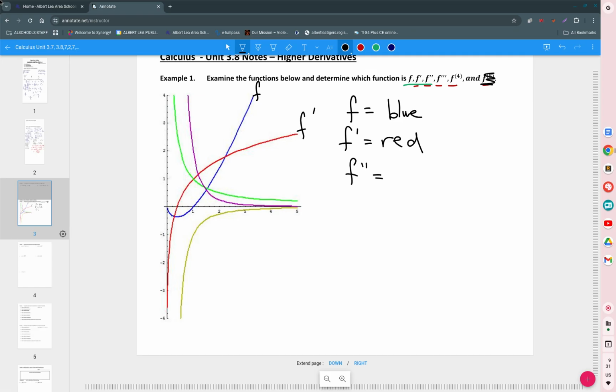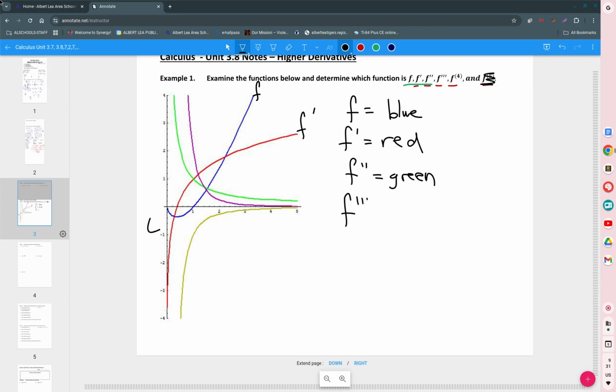So it's either the green or the purple, right? So here we got to do just a little bit of thinking. Maybe you take this spot right there and you say, well, if I were to draw a tangent line, looks like the slope would be about 1. So does the green graph have a value of 1, or does the purple graph have a value of 1? It looks like the green graph has a value of 1, doesn't it? So the purple one's just too steep at that spot. So we're going to say that it's the green one.